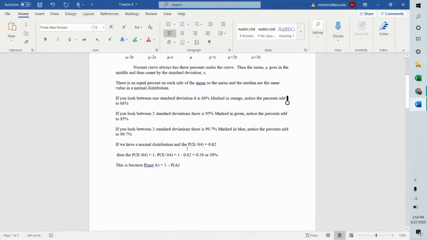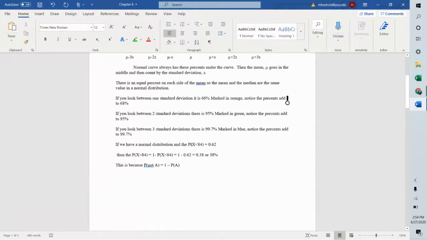If we have a normal distribution and you want to find the probability that x is less than 84, if they give you that as 0.62, you don't need to use the curve if they want to find the probability x is greater than 84, because you can use 1 minus the opposite value. It's called the complement.